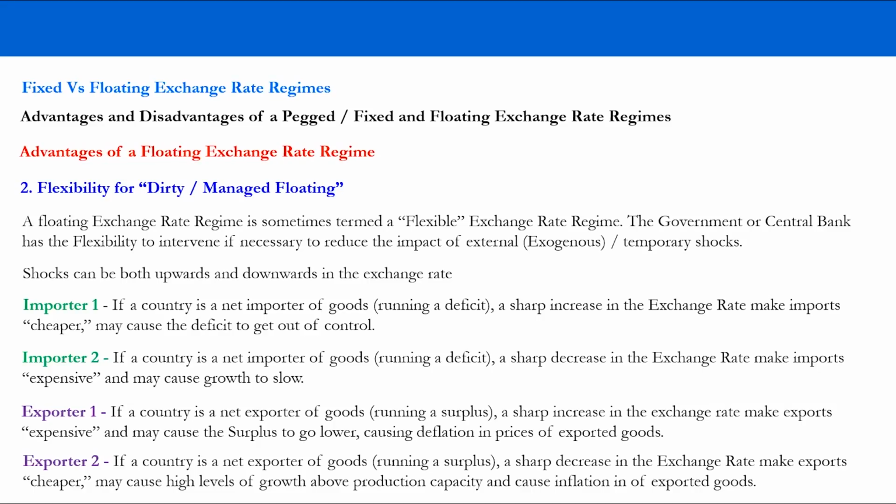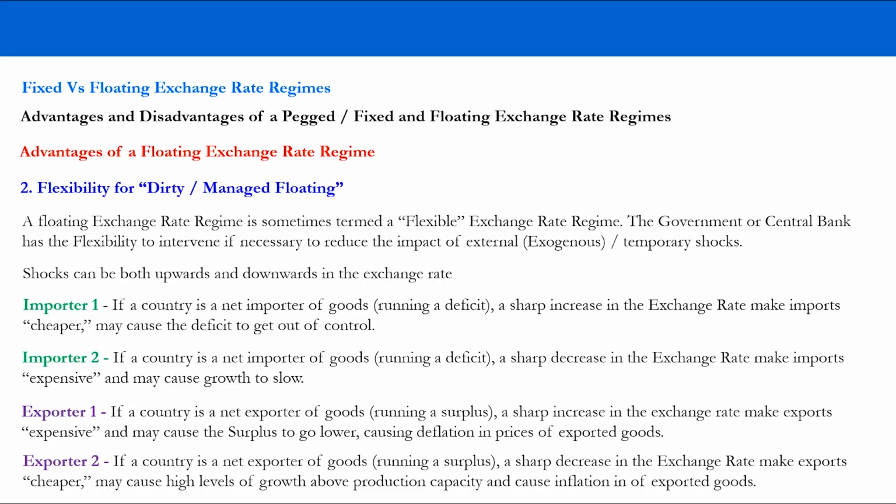Okay, so balance of payments self-adjustment is widely seen as one of the advantages of a floating exchange rate regime. Another widely accepted advantage of a floating exchange rate regime is the flexibility to have a dirty or managed float.